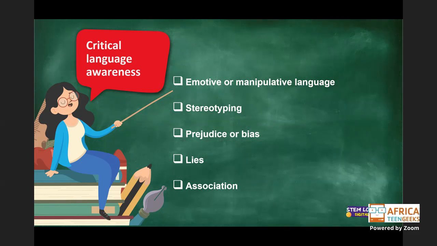So they use emotive language or emotional language and images to persuade us to buy products. I'm sure you've been caught in that trap at some point where you buy because you got manipulated without even thinking, you know.